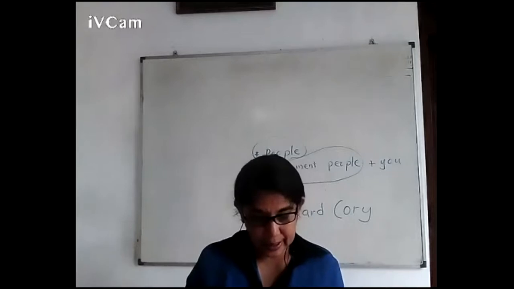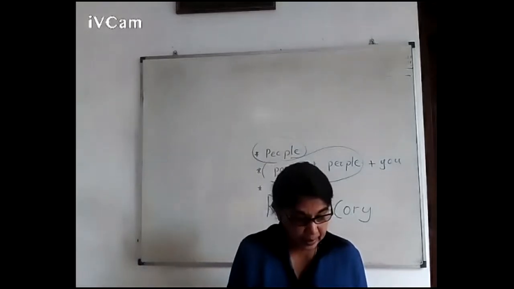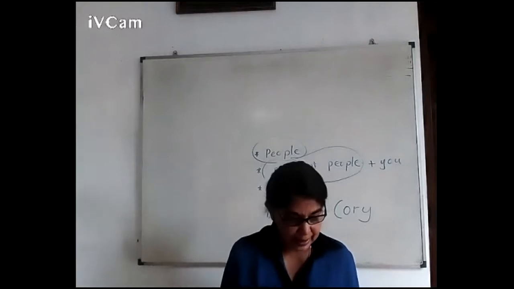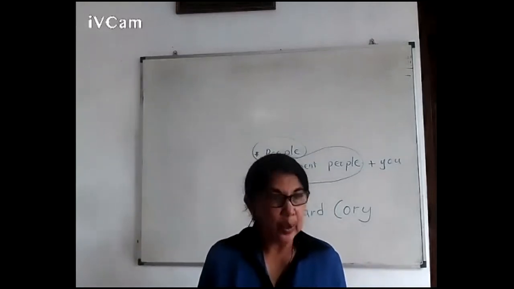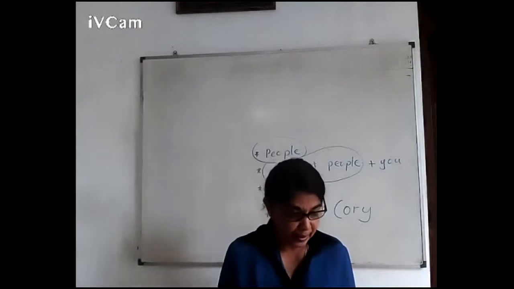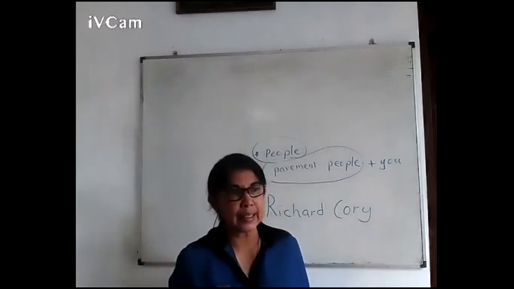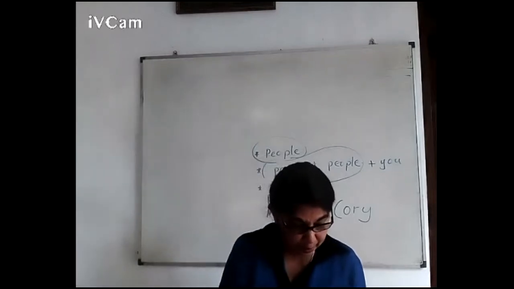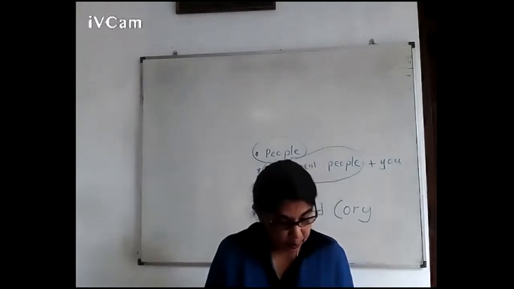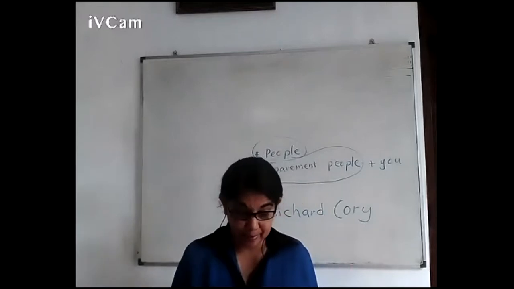We'll discuss line by line. In the first two lines, the poet explains what happened when the pavement people see Richard Cory. Whenever Richard Cory went downtown, we people on the pavement looked at him.